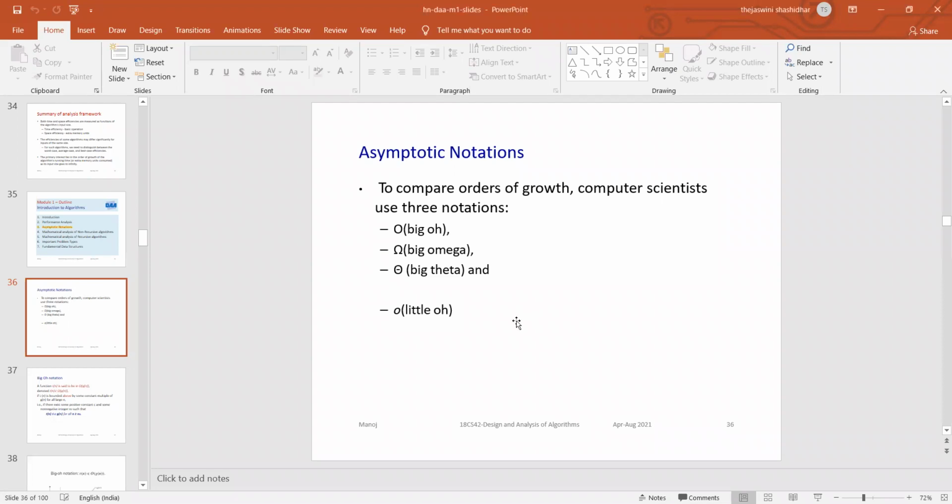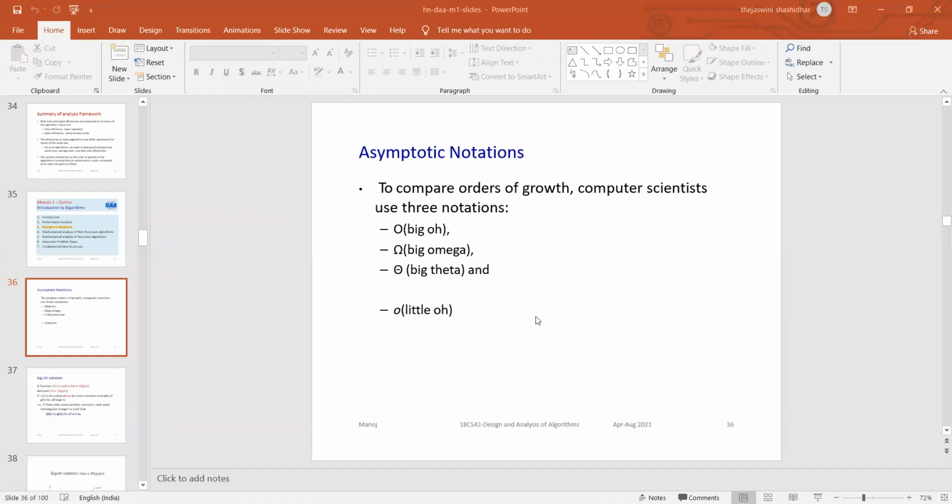So now you have to compare the orders of the growth. Which orders of the growth are we having? We have seen the order which is constant, 1. Next you go with log n. Next you have n, n log n, then n square, n cube, n factorial, like that.